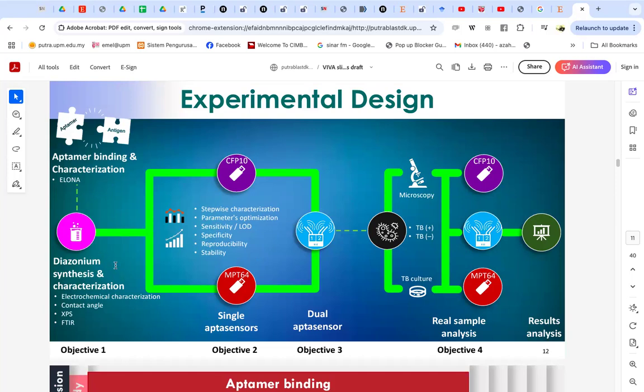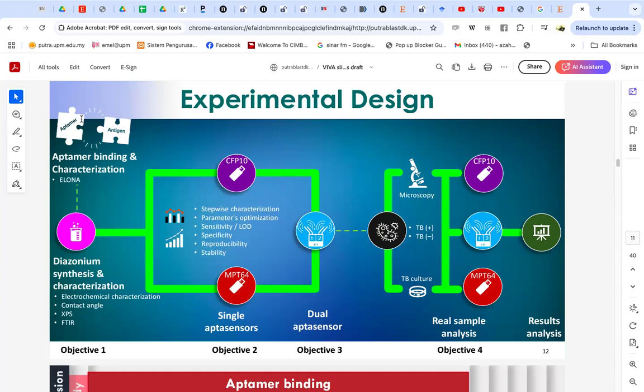Because according to literature, it will help enhance the conductivity, because it's a salt. The other reason is to help us get the functional groups to attach the aptamer and the antibody set. So now we have to study the surface first. From the discussion just now, I mentioned contact angle, XPS, FTIR. These are things that we do before we proceed to the sensor characterization. So we do the surface study first.